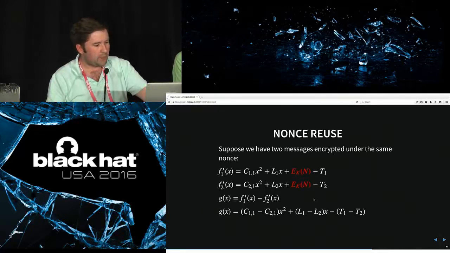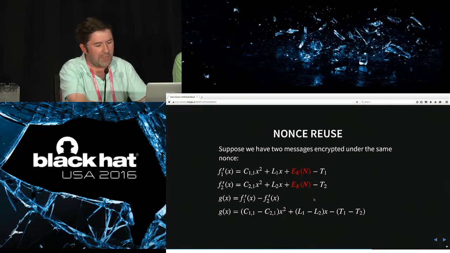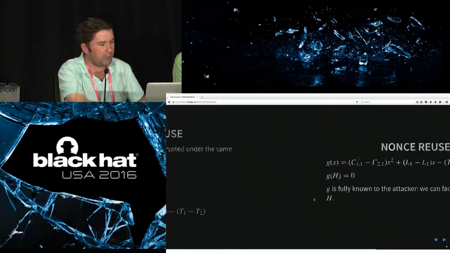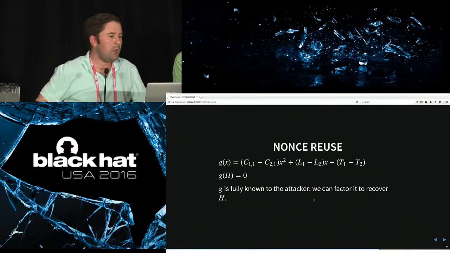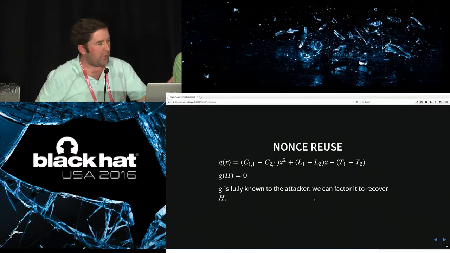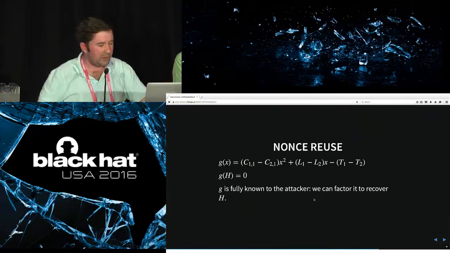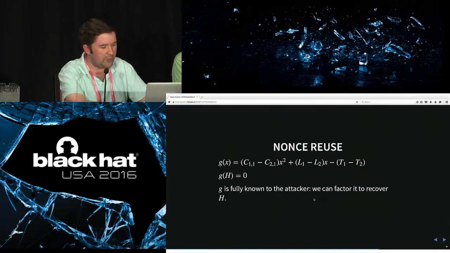As you can see, the mask value has been erased, and now we are left with a fully known polynomial. Since both of the polynomials we started with had h as a root, our new polynomial g also has h as a root. So now we have a fully known polynomial, and it has h as a root, and we can simply factor this to get a list of candidates for the authentication key.